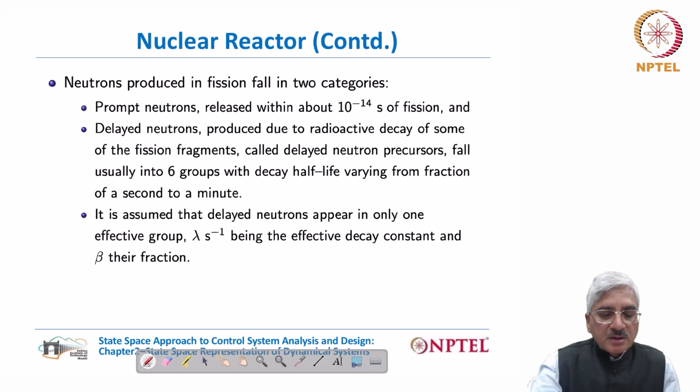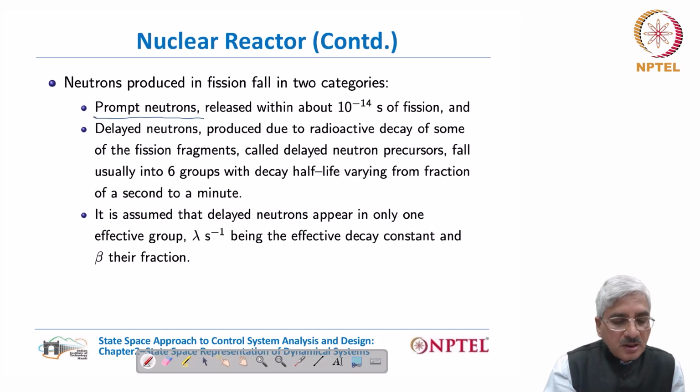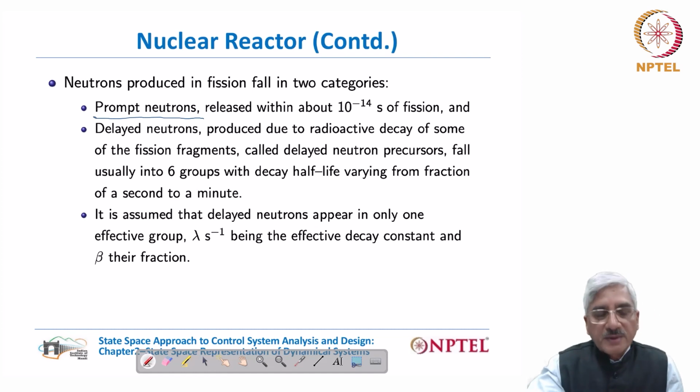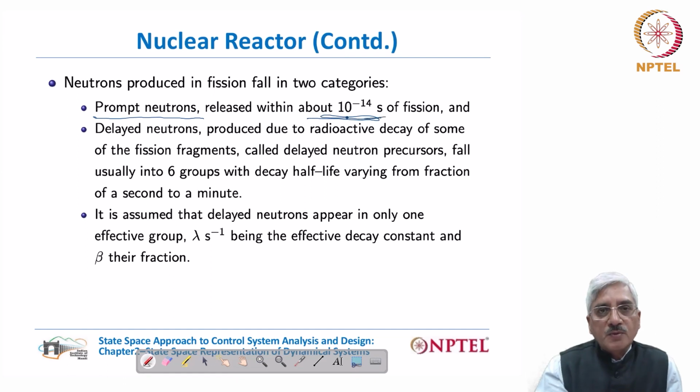Neutrons produced in the fission, they are of two types. They fall into two categories. One of them is called as prompt neutrons. These are released almost simultaneously with the formation of fission fragments, and the time taken may be as short as 10 to the power minus 14 seconds from the time of bombardment of neutron on the target nucleus of uranium-235.